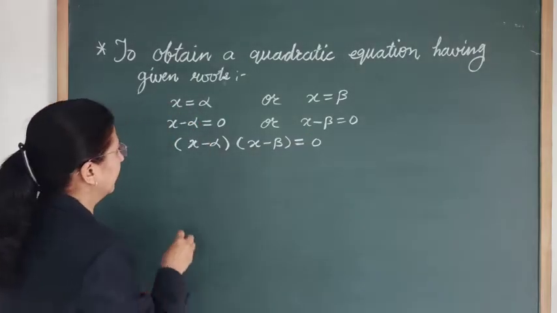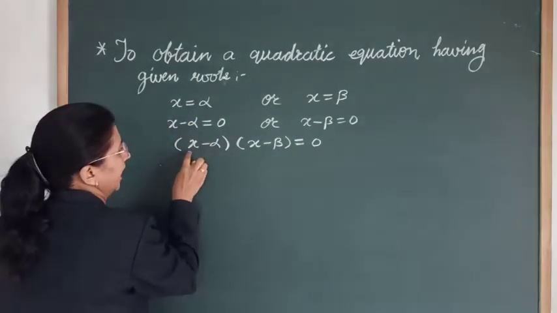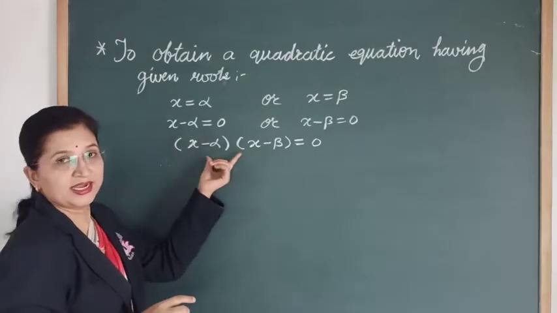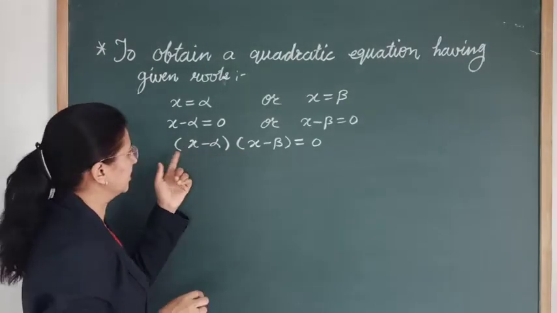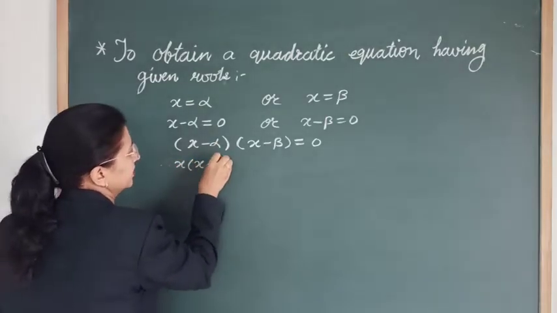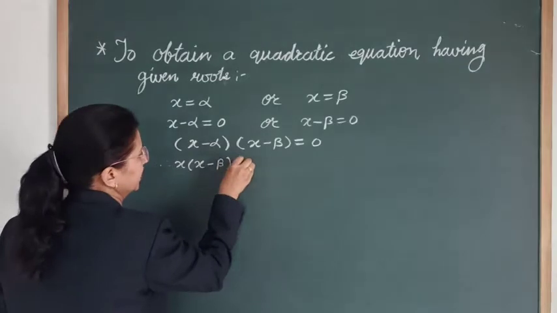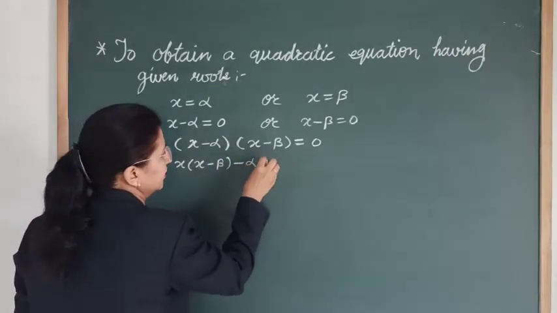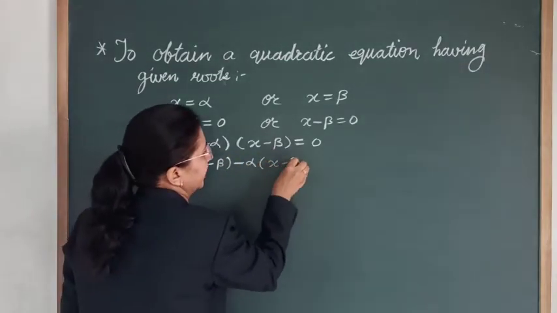Now these two brackets are multiplied with each other, so let's first multiply by x: x into the second bracket, that is x minus beta, minus alpha into the second bracket, that is x minus beta.